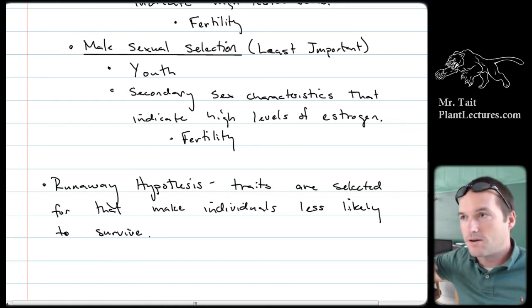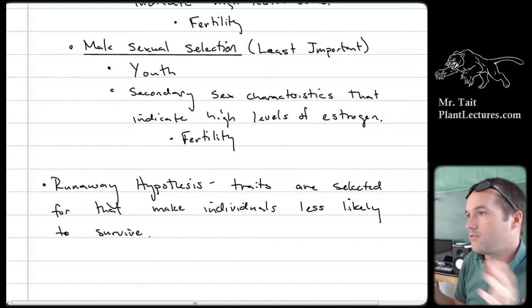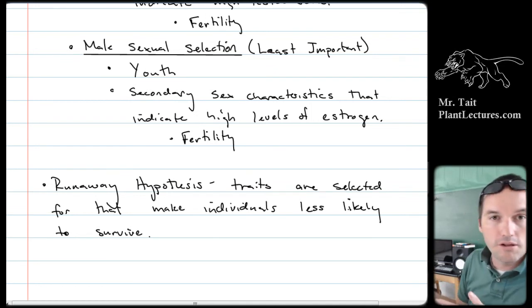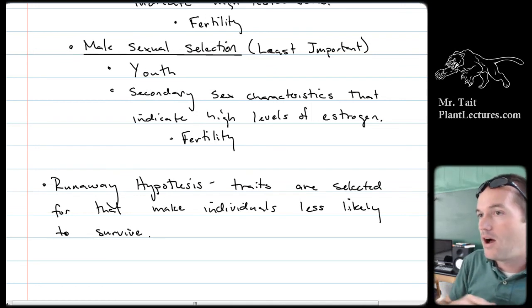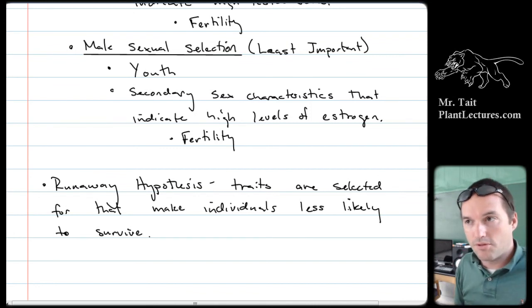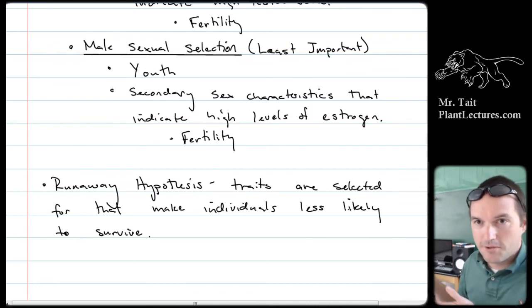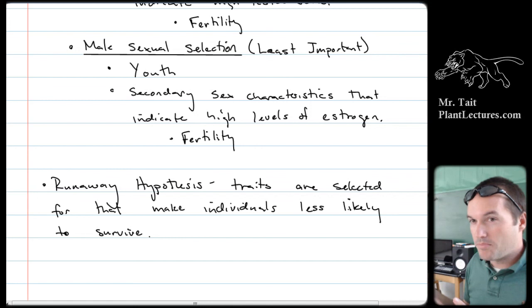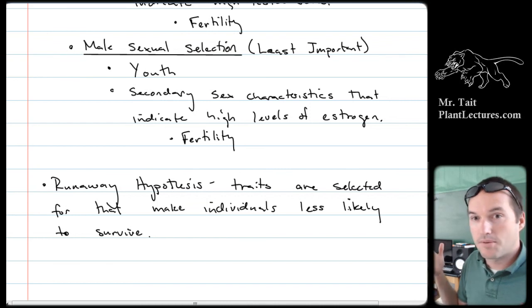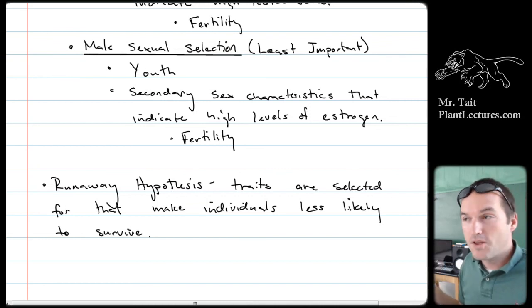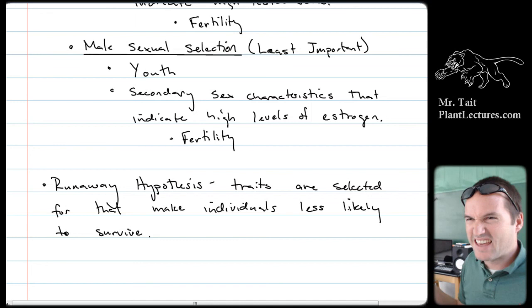These tail feathers are extremely, extremely colorful and large. And the more colorful they are and the larger they are, the more sexually desirable that peacock is, right? But that's a problem because as they get larger and larger, it impedes the peacock's ability to fly, and it definitely impedes their ability to move on land, right? So that means that they can't escape from predators.